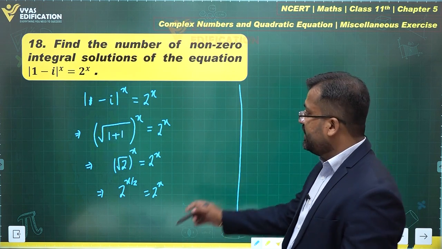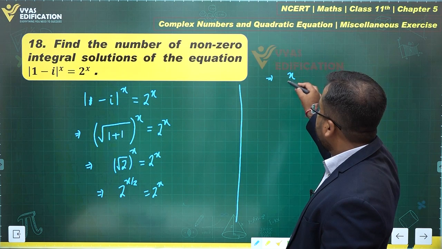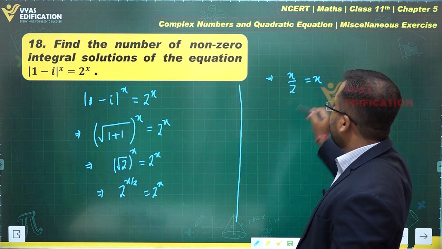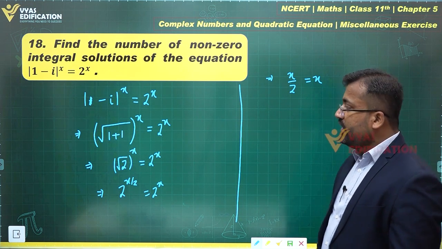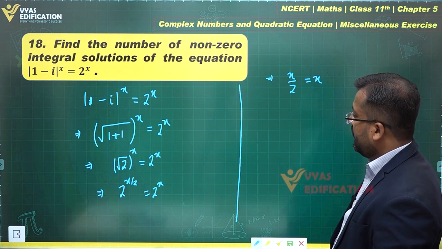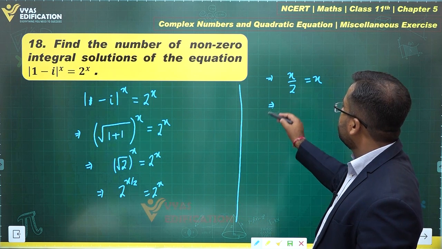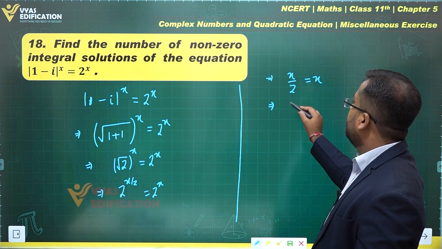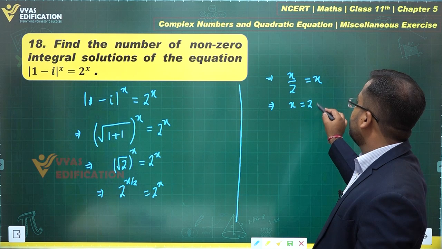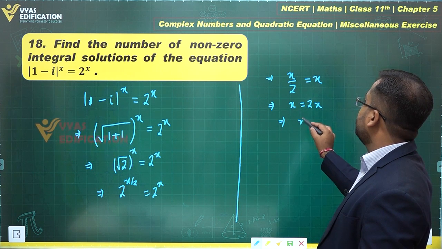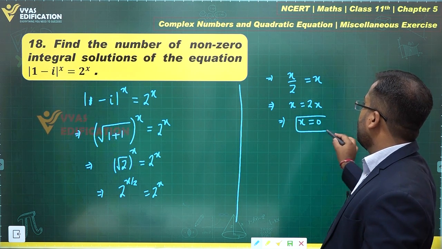It is a monotonic function. Therefore, x by 2 will be equal to x. From here, we can directly reach this point, and on the basis of this, you can observe that x equals 2x, or you can say that x equals 0.